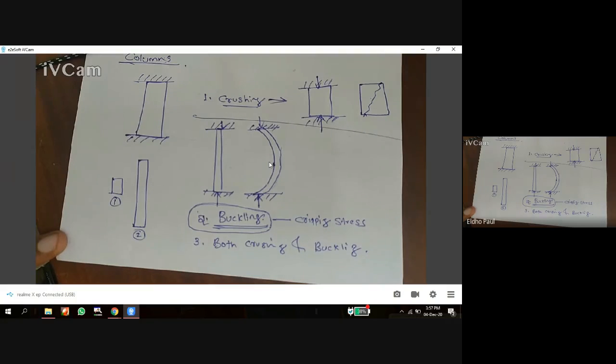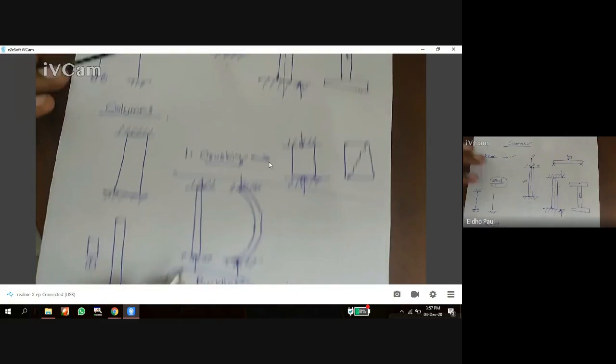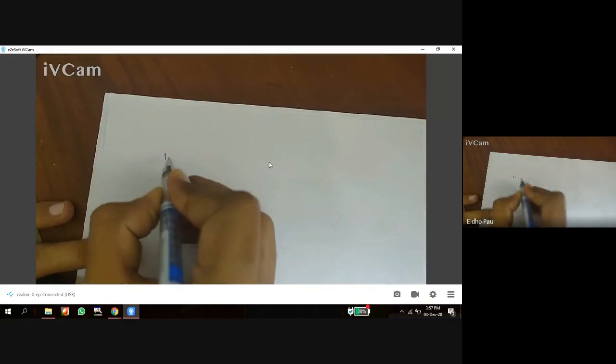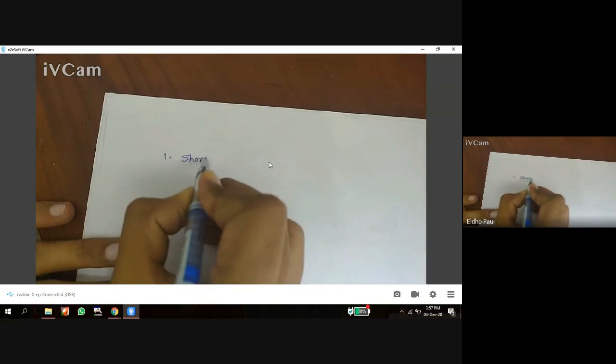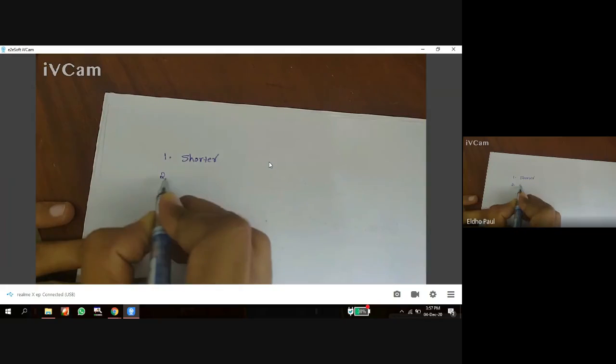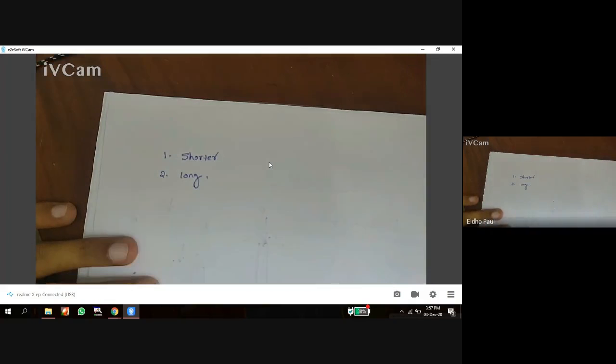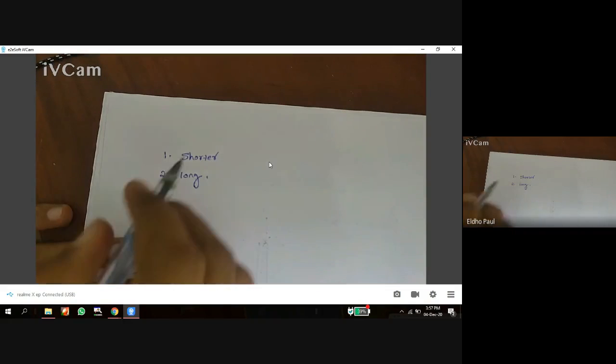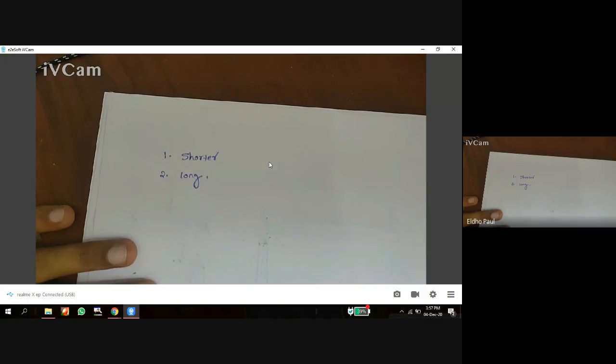So we can classify columns into two: a shorter column and a long column. I will explain how we can distinguish the shorter and longer column. First, we can classify based on length and diameter.